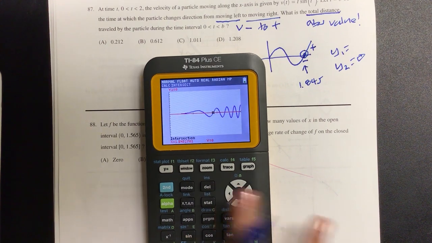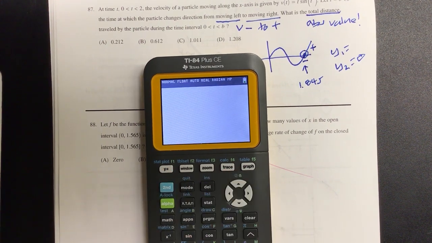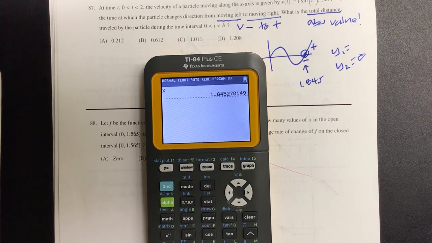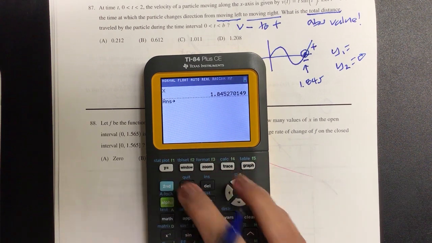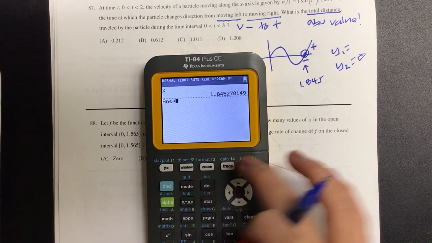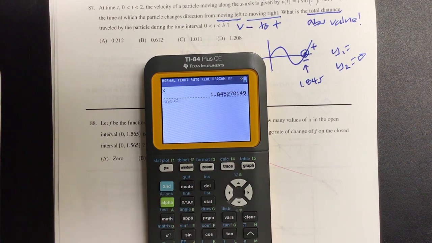Something unique about the calculator: when you press X on your home screen, it's going to remember the last X value computed. So what I will do is store that number as, let's call it A. Oh no, store it as alpha A. If you want alpha B, that's fine. That means anywhere I use the letter A, it's going to remember 1.845 without being rounded.